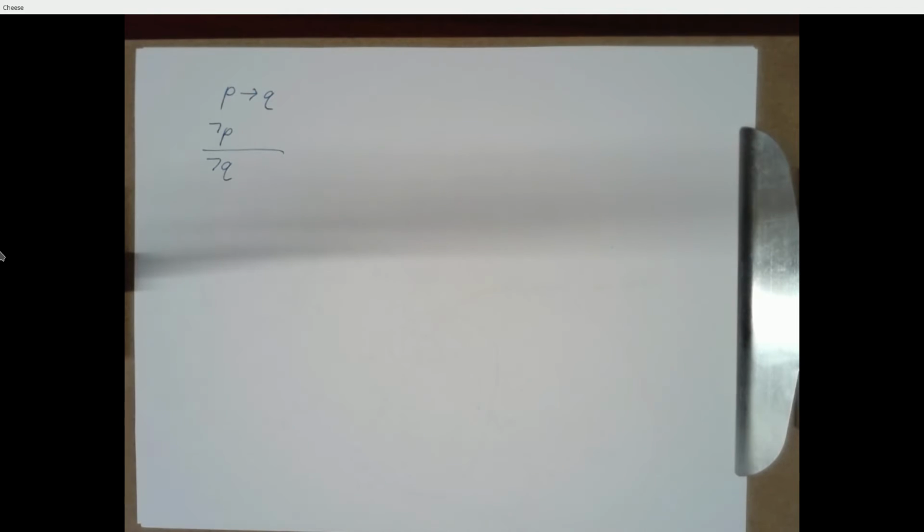So what's the problem with this one? What's an example where that shows that this doesn't work? If P then Q, and then we're told not P, and therefore not Q. If you get 100 on the final, you'll pass the course.